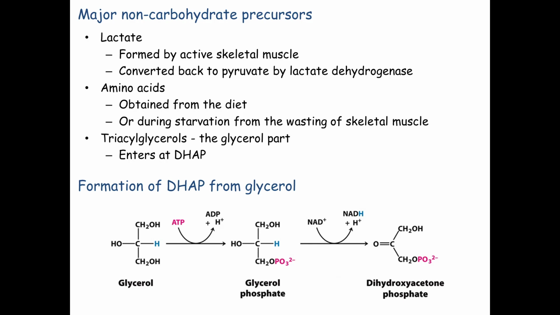So we take our glycerol, and it's just 2 steps away from being dihydroxyacetone phosphate. So our glycerol, if we phosphorylate it using an ATP, now we have glycerol phosphate. And then if we oxidize that middle carbon from a secondary alcohol to a ketone, we now have dihydroxyacetone phosphate.